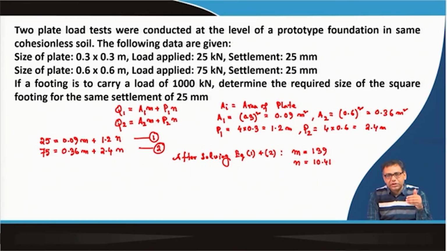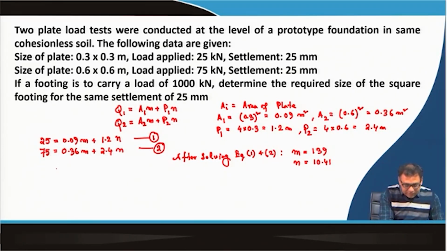Then you solve equations 1 and 3, then you will get another m and n value. Then you solve equations 2 and 3, and you will get another m and n value. So, that means you will get 3 m values and 3 n values, and you take the average of those, and that average will be your actual m and n value. Okay. But here two plate load test data are given, so that is why we are using only two equations and two unknowns. So, one set of values we are getting, and that is 139 and 10.41.